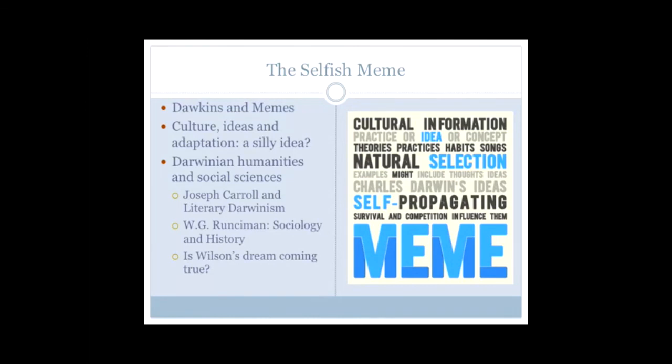It's a view you can see in a number of his works, including The God Delusion, where he talks about memes. What do I think about memes? I'll raise my objections, because I'm a materialist, but I don't believe that biology is everything. Other people might have another opinion or a stronger opinion. For my mind, it's where does the biology begin and the culture end, and the culture begin and the biology end?